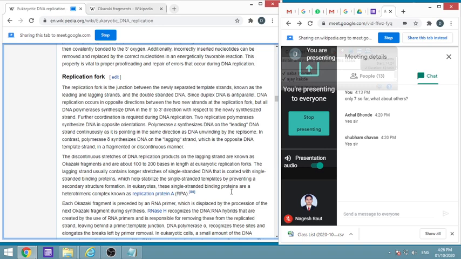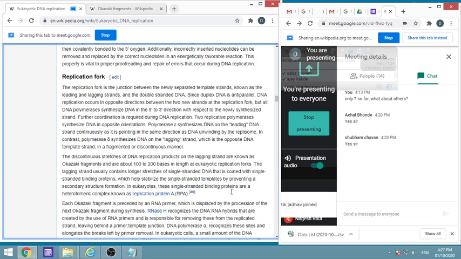If it is the opposite one, it becomes the lagging strand, which means this part of the DNA is made in fragments, and we call these Okazaki fragments. These fragments are then connected together to make a continuous strand by enzymes like DNA ligases, and the leading strand is a continuous one.